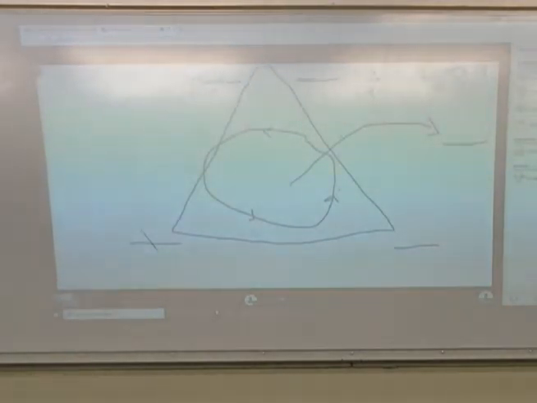What type of constraint, when we're looking at this model, what kind of constraint is on the top, on the point of the triangle? Individual.